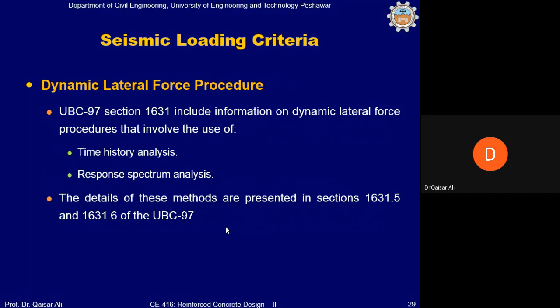I'm not sure whether you have studied these types of analysis in your dynamic course or not. However, if you have not studied the dynamic course, you will study this course, and I hope these two types of dynamic lateral force procedures are taught to you in your structural dynamics course. We will briefly discuss how these procedures are applicable in our context.